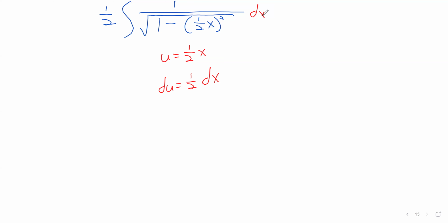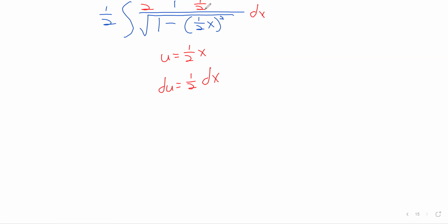And we have that dx, obviously. We don't have the 1/2, but we're off by a constant, so I just deal with things like that, put the 1/2 in and then divide by it.